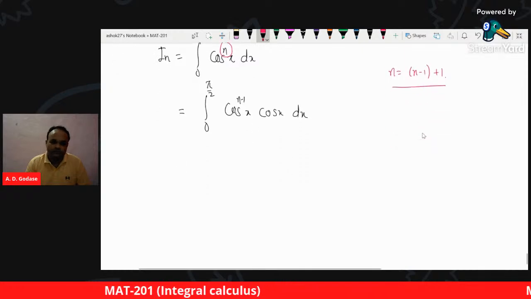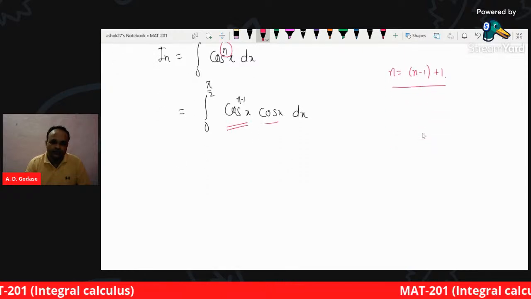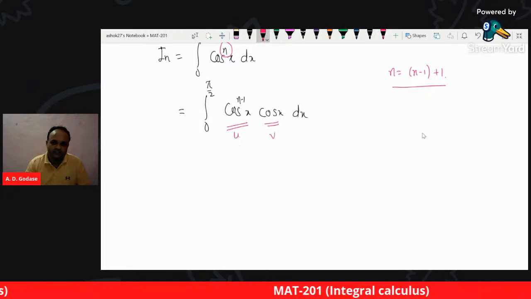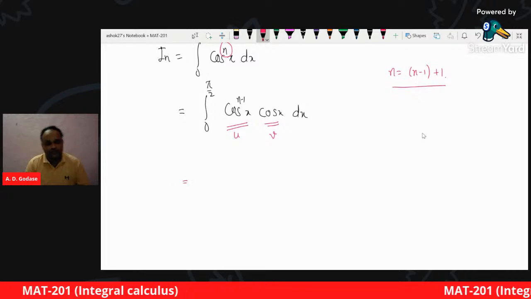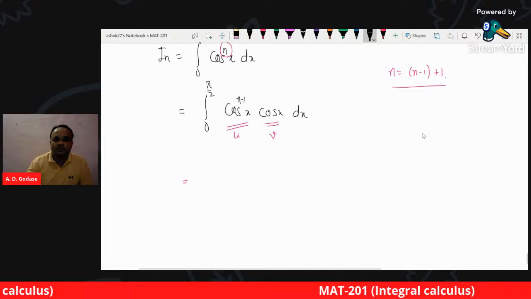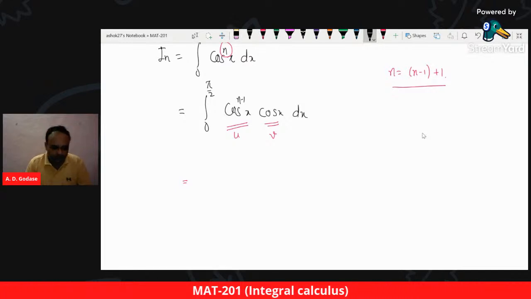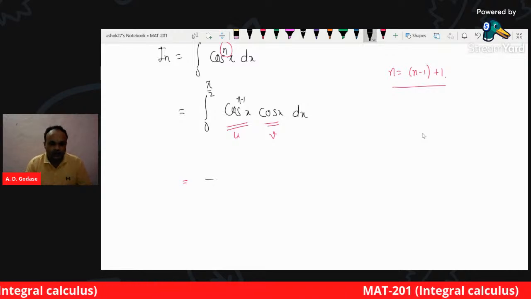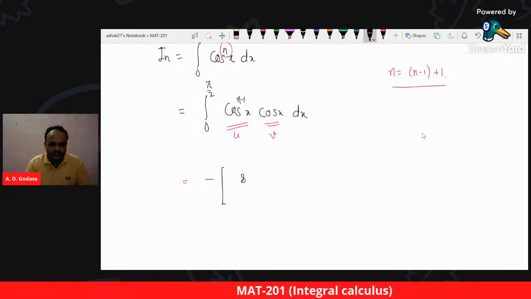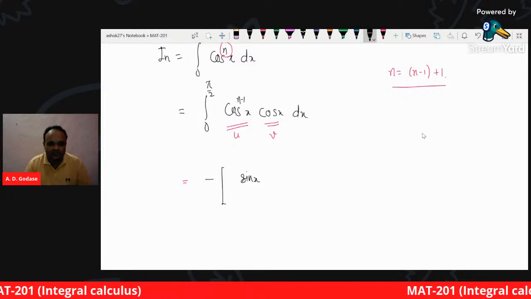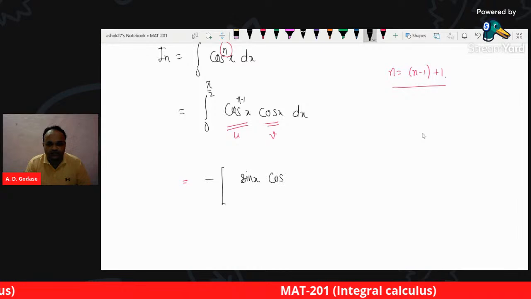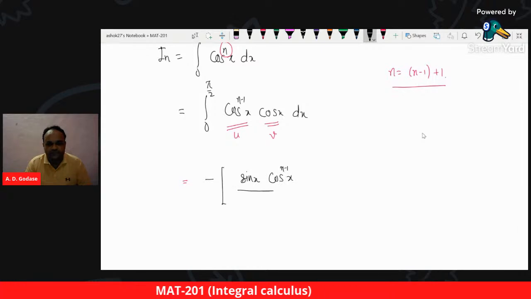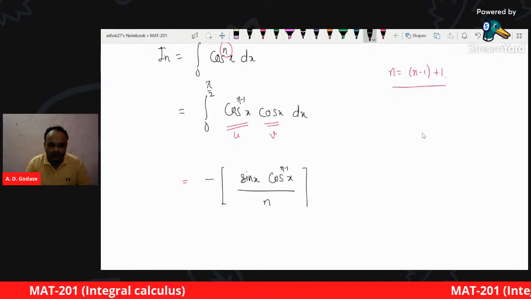So here we are using integration by parts. We will consider this function as the first function and this function as the second function. So using integration by parts, the value of this integration will be minus of sin x, the integration of cos x, and cos raised to n minus 1 x as it is, divided by n, with limits from 0 to pi by 2.